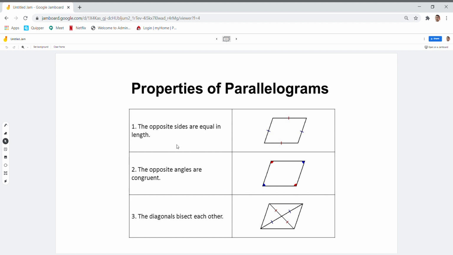Okay, it says here these are basic properties because actually the next session, the next video, will present the different properties, including the definitions and theorems, but these ones are just basic. Okay, first, in the parallelograms, the opposite sides are equal in length. That means the sides are congruent.